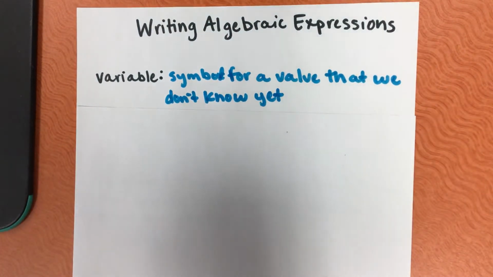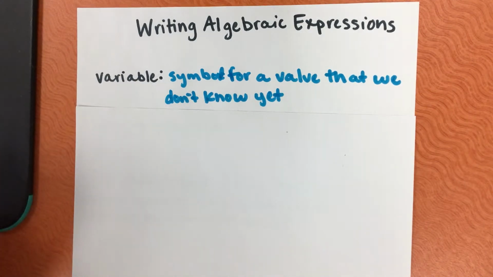Most of the time, well, all the time, that symbol is a letter. A lot of the times it's either X or Y, but it can be any letter. But as you get older, most of the time you'll see that it's normally X and Y. So a variable is a symbol for a value that we don't know yet.